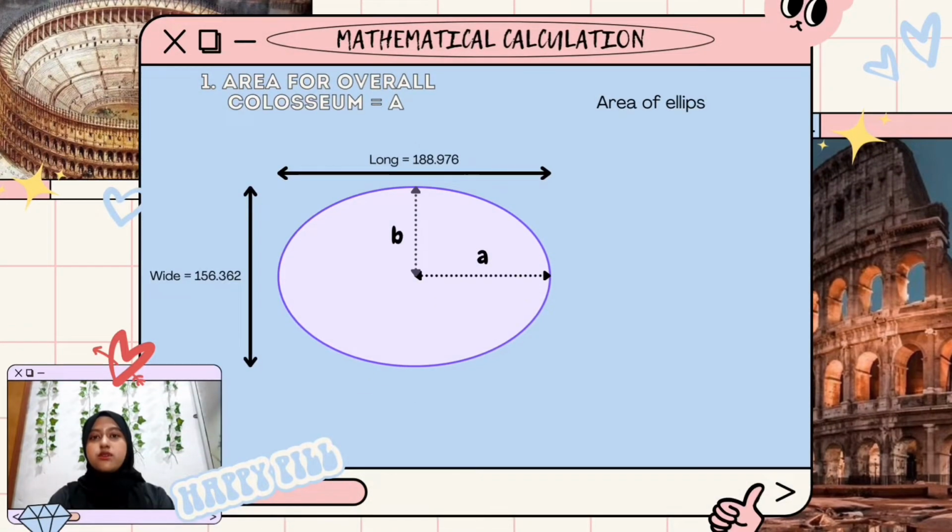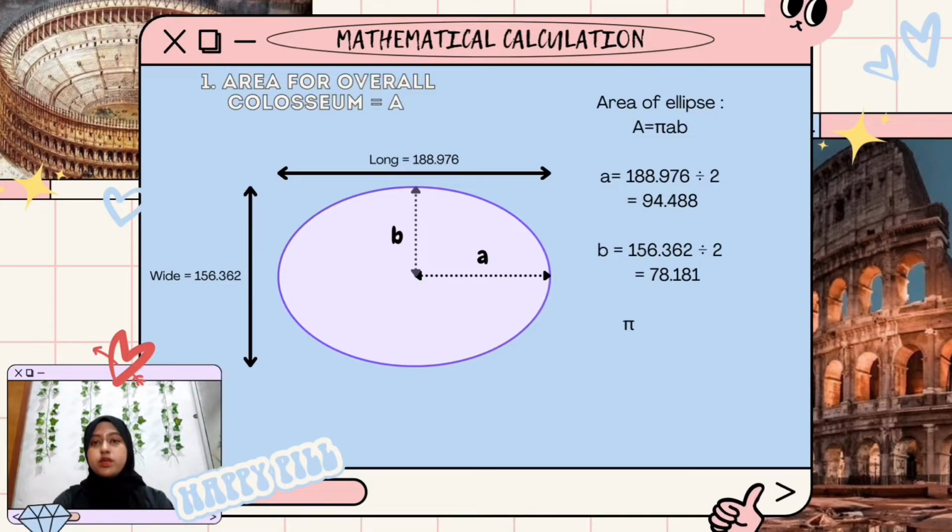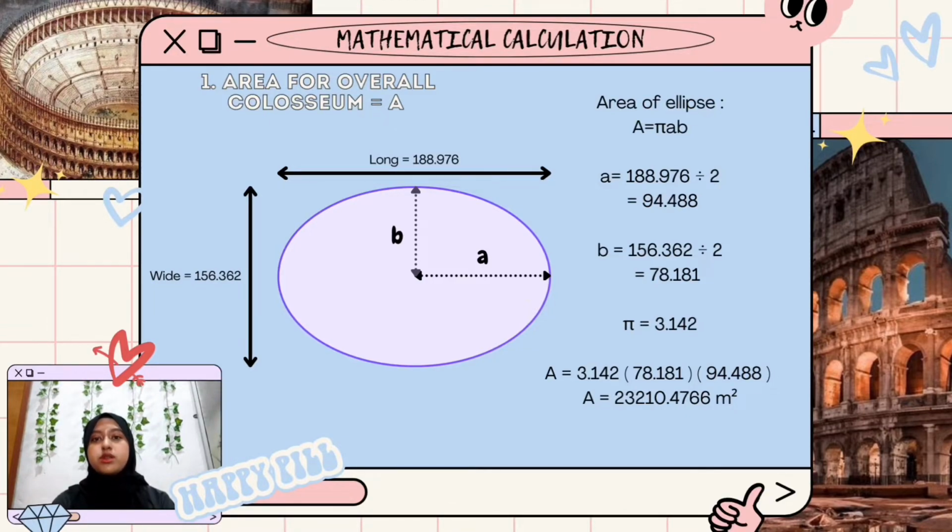Mathematical calculation of the Coliseum. For the Coliseum, we use the ellipse area, which is A equals pi times a times b. To find a and b, we need the long and wide lengths. a is the long length, 188.976 divided by 2, equal to 94.488, and b is the wide length, 156.362 divided by 2, equal to 78.181.